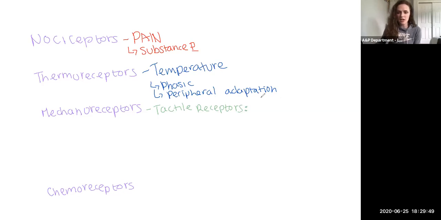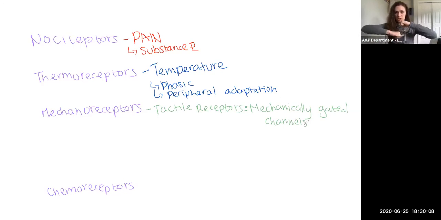But essentially know that this uses mechanically gated channels. Remember, mechanically gated channels are channels that open when you have a physical change in your cell membrane. Hopefully you guys remember that.